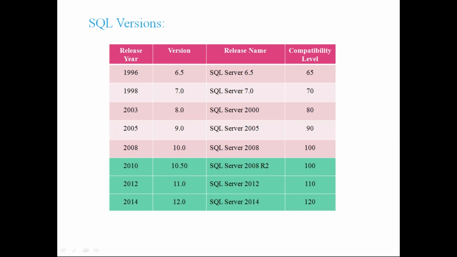It just says I'm 11.0 or I'm 12.0. So we should be in a position to map that if it is 12.0, then it is SQL 2014, and if it is version 11.0, it is SQL 2012. That makes you more confident on this software.